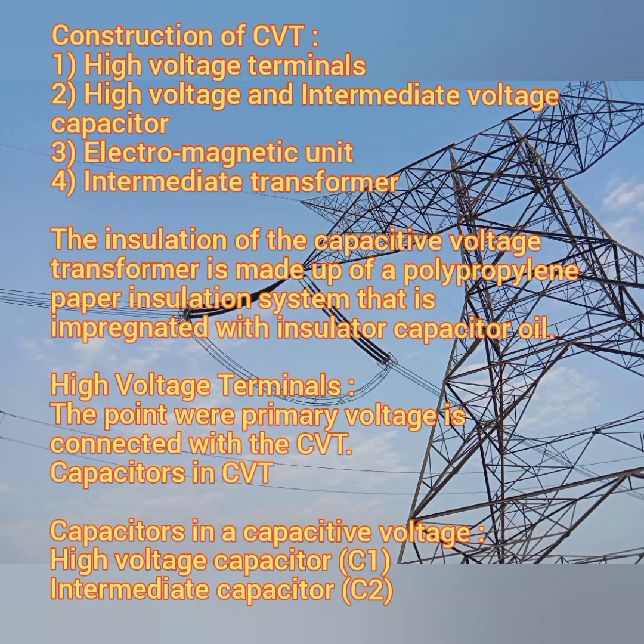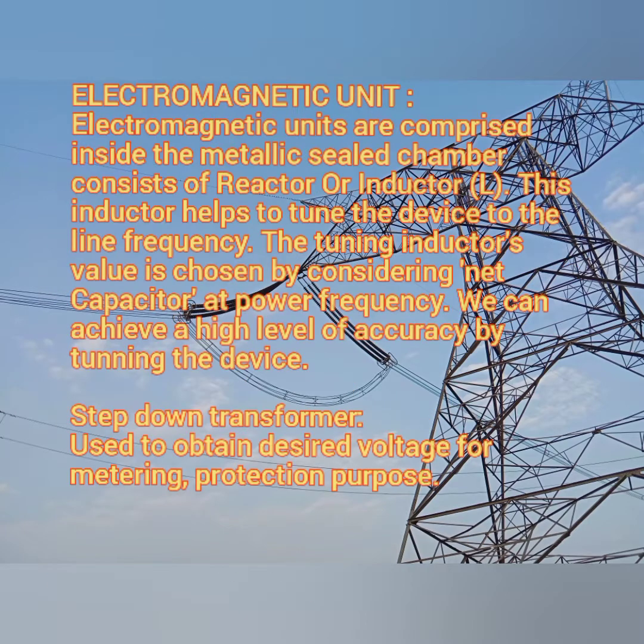High voltage terminals are the point where the primary voltage is connected to the CVT. Then the capacitors in the CVT are the higher voltage capacitor and the intermediate voltage capacitor, as C1 and C2. Then the electromagnetic unit, EMU for short, comprises a metallic sealed chamber inside which there is a reactor or an inductor.